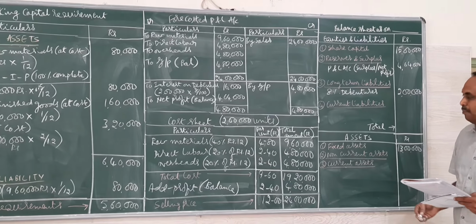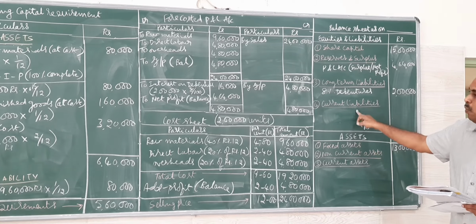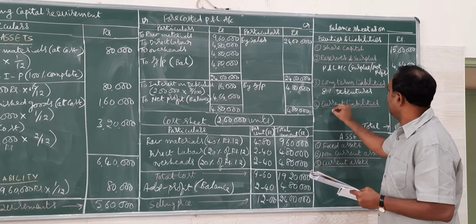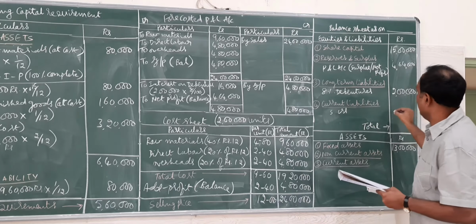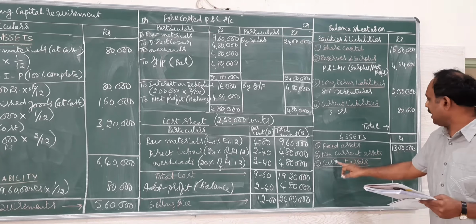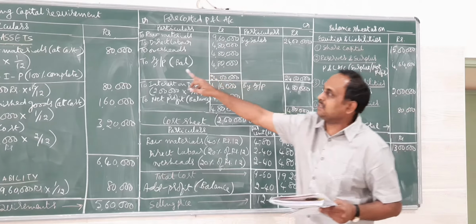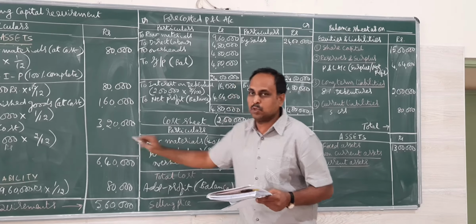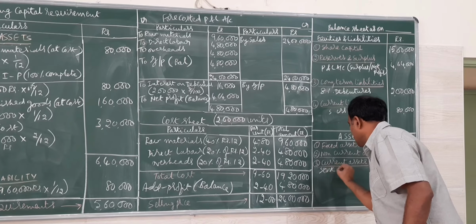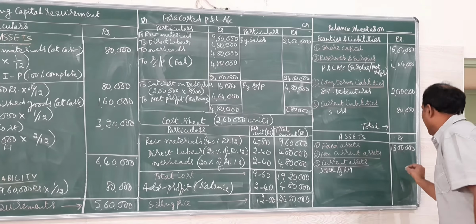4,64,000. Then I have to go for filling in the remaining information. So I have one sundry creditors here that I have to write under current liability, 80,000. Then I have to go for writing current assets. I don't have any non-current assets. I have to write current assets one by one, all the 4 items. Stock of raw materials, 80,000.